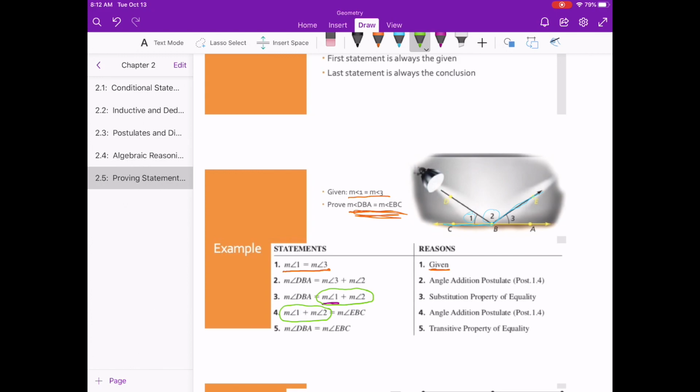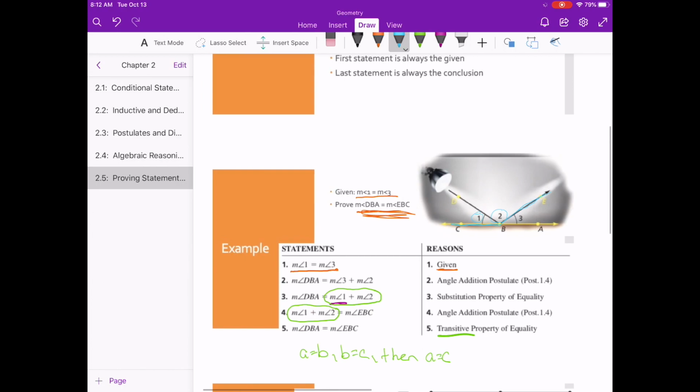We can use the transitive property, which says that if A equals B and B equals C, then A equals C. We can use that property to say that DBA and EBC have the same measure.